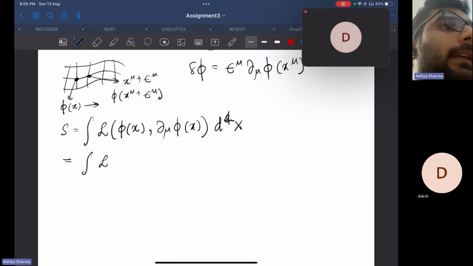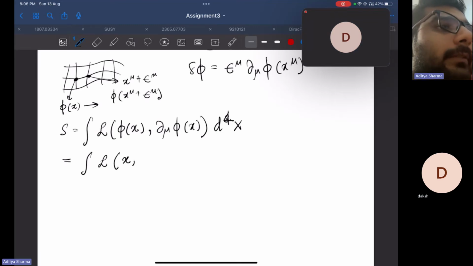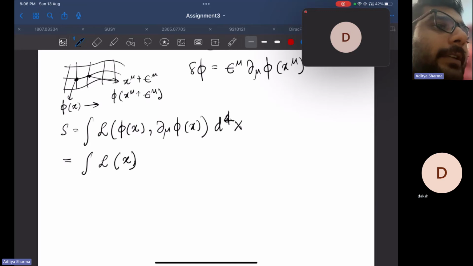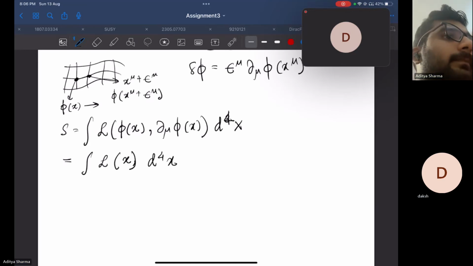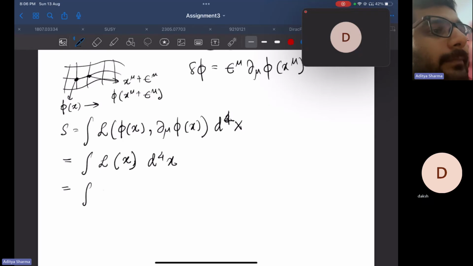So we will again think of the Lagrangian as a function of x. And now we'll do the transformation here too.